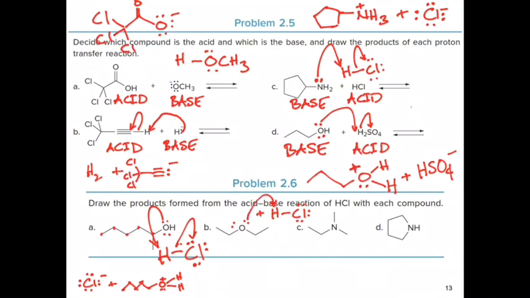And then the bonding pair of electrons will go towards chlorine. So now you have something like this. And then this oxygen will bear a positive charge. And then you have the chloride ion as one of the products as well.